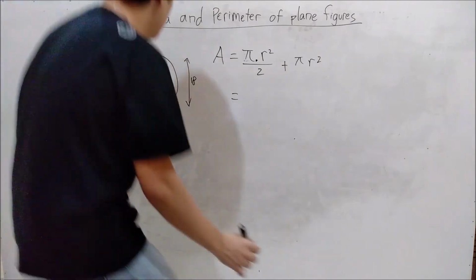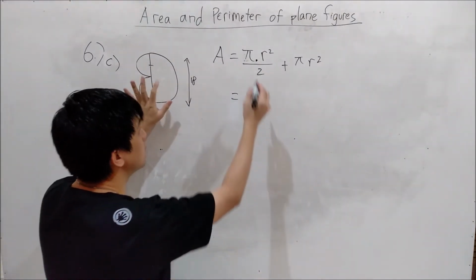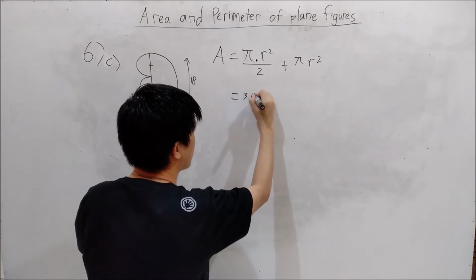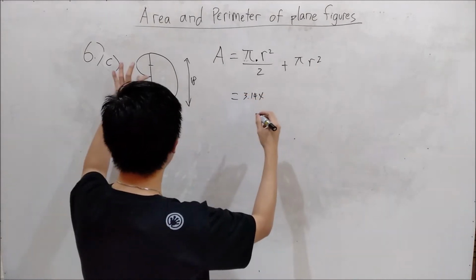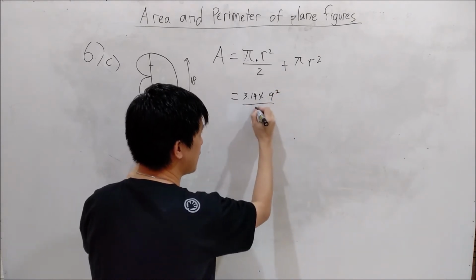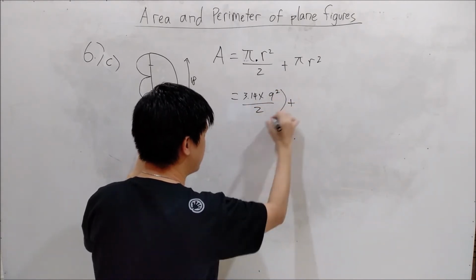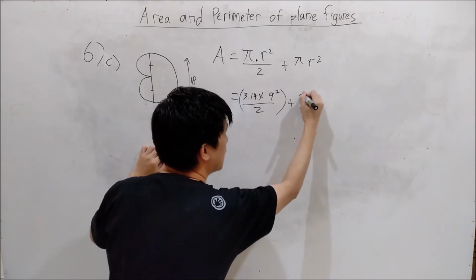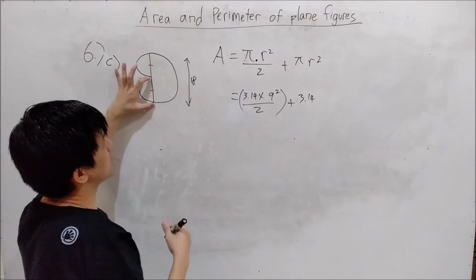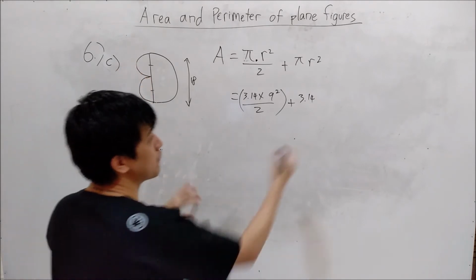In the area of the big semicircle, we will have 3.14 times, the radius will be 9 squared or 81, divided by 2, plus 3.14 times the radius. Since the diameter of the small circle is 9, the radius will be 4.5.